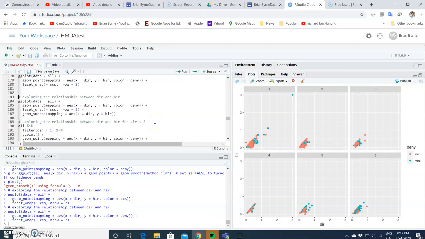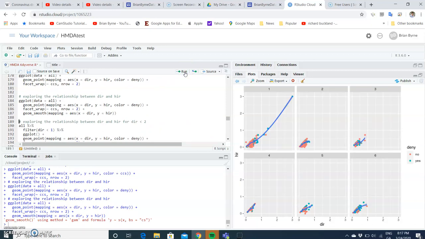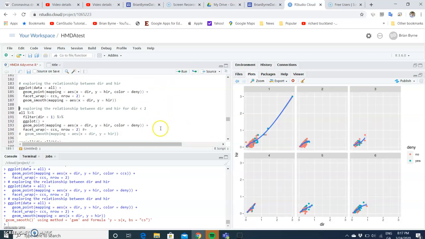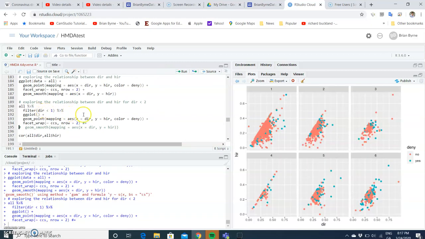Perhaps we could improve on that a little bit by putting a trend in, and then maybe if we filtered by taking the DIR less than 1, we might see some trends here. Again, we facet wrapped for credit score 1, 2, 3, 4, 5, 6, so that's coming from our facet wrapping based on the credit score.